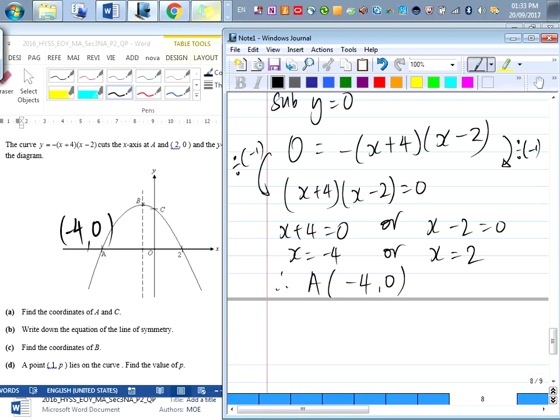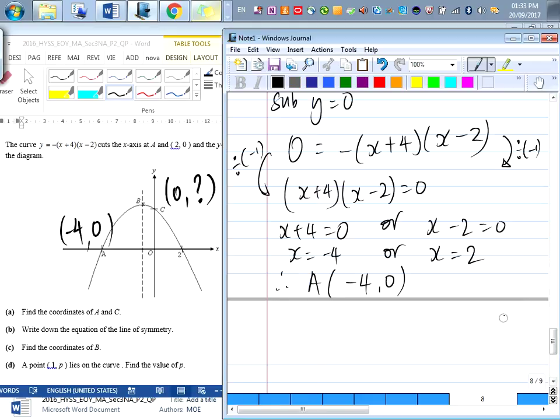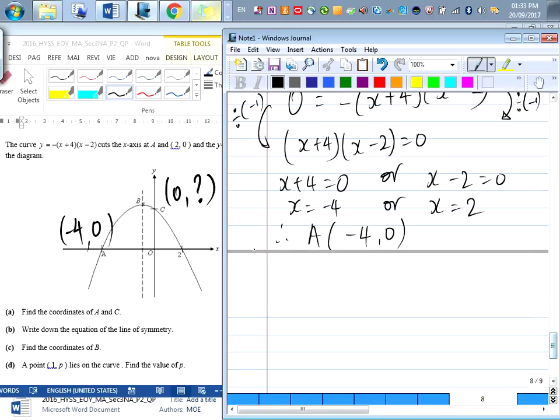Now for the coordinates of C, we know that this is going to be (0, something) because it is on the y-axis. So to find C, to find the y-intercept, x is equal to 0.